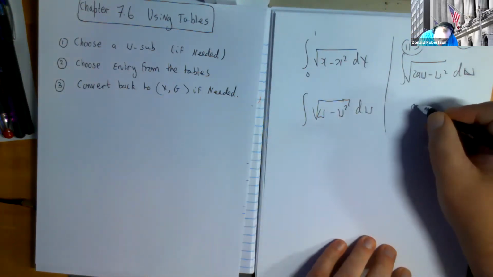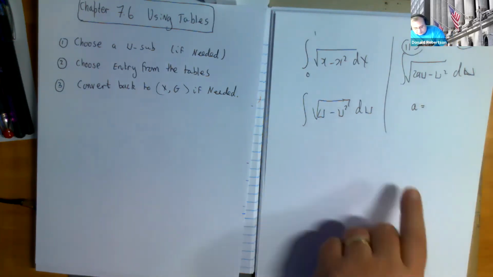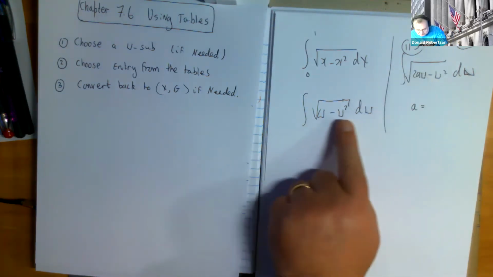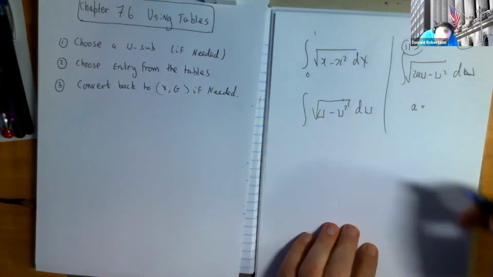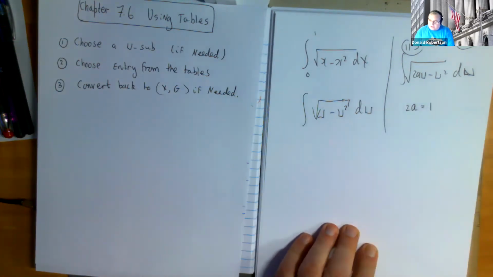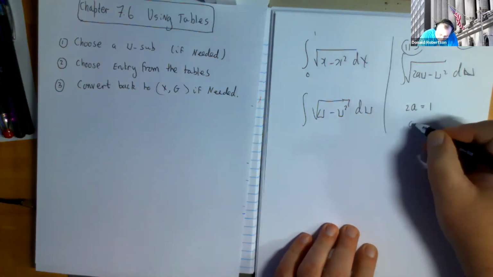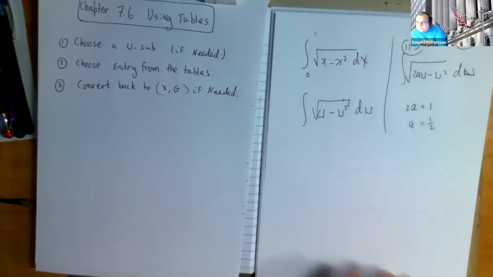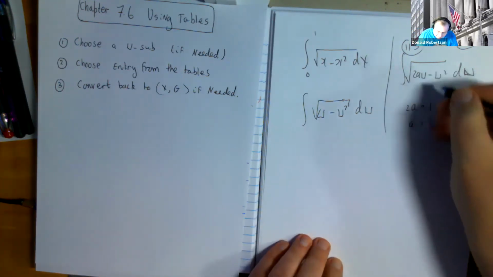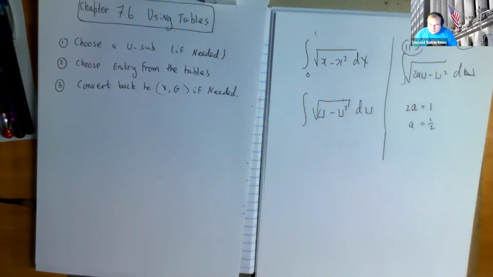What value does a have to equal to make this become that? So that's when I asked you what a equals, and someone said, look, 2a should be 1. Can you see that a is a half? Now, when you look at the entry for 113, it also tells you what it is equal to.